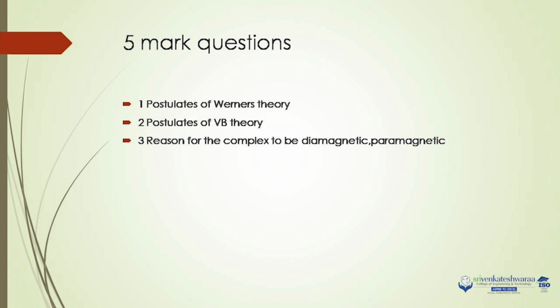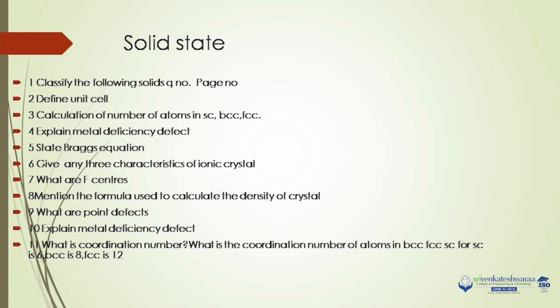Regarding this, in simple cubic atoms are present only at the corners, that is called simple cubic. Simple cubic means 8 into 1 by 8 equals 1. Body centered cubic has atoms at the corners and at the body center: 8 into 1 by 8 plus 1 equals 2.